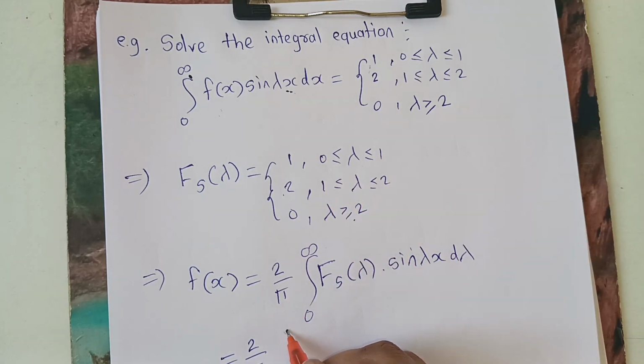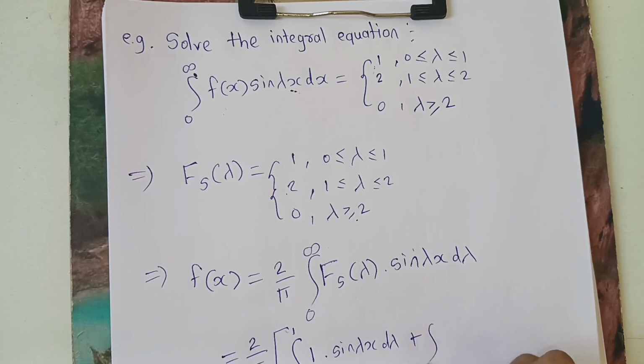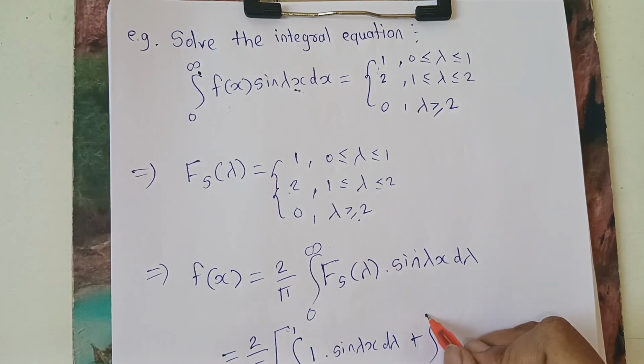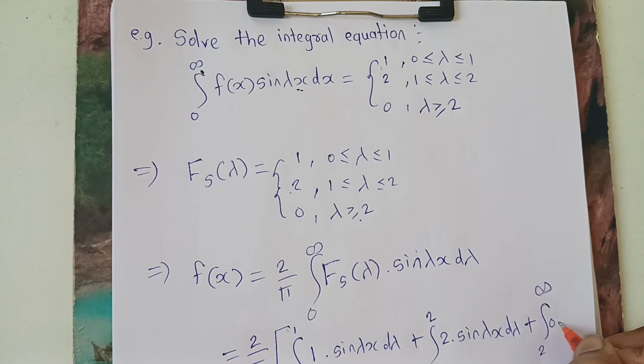From 0 to 1, fs lambda is 1, so sine lambda x d lambda, plus from 1 to 2 the function is 2, so 2 sine lambda x d lambda, plus the last integral from 2 to infinity will be 0, because the integrand is 0 times sine lambda x d lambda.